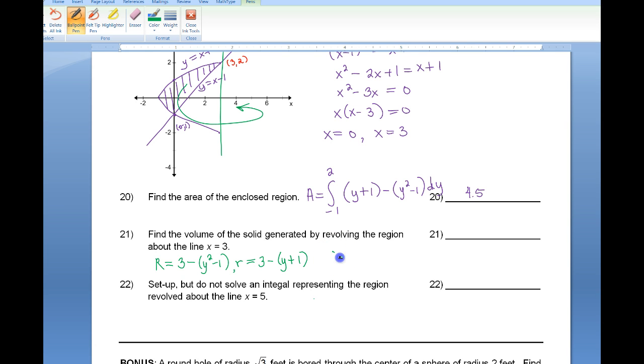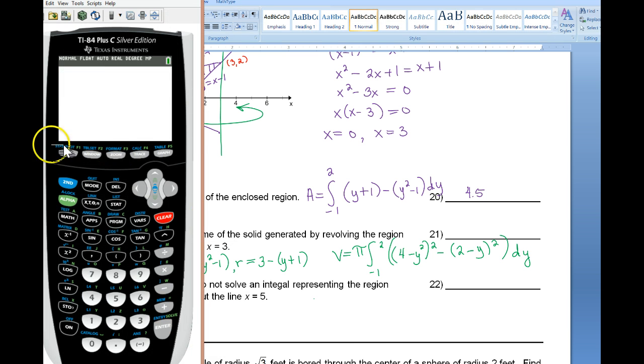So my volume is going to be pi times the integral from negative 1 to 2 of big R squared minus little r squared. So if I do 3 minus (y squared minus 1), that's going to end up being 4 minus y squared, minus little r squared, which is going to end up being 2 minus y, squared, dy.